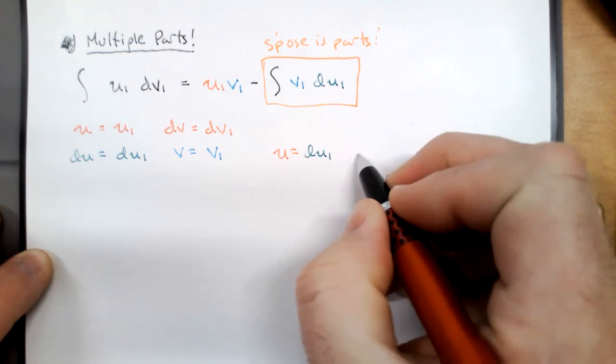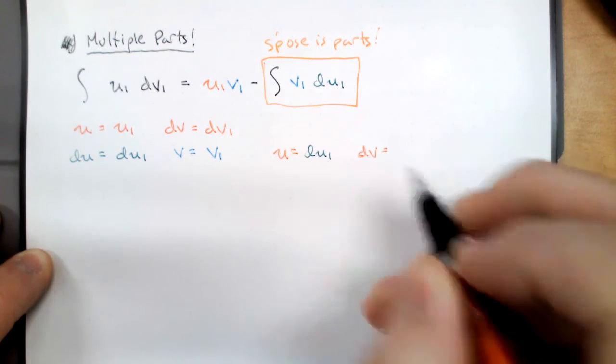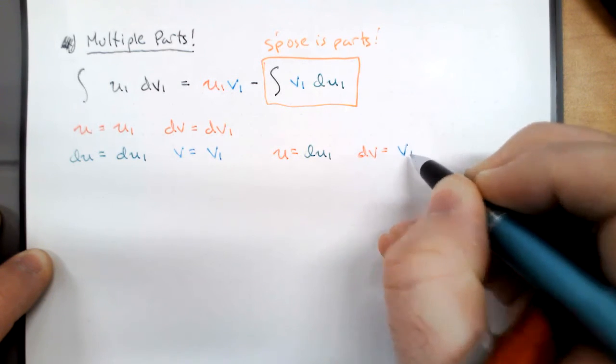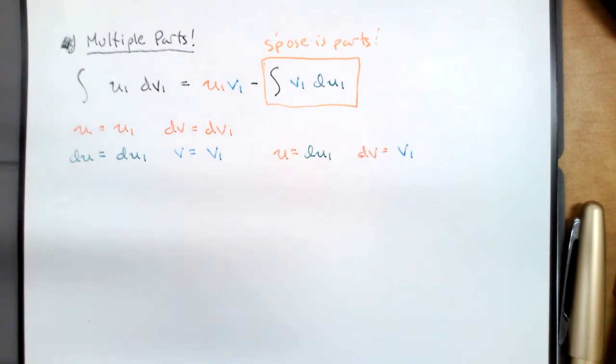And our next dv, so the previous find becomes the next iteration's given. Just pick up where we left off.